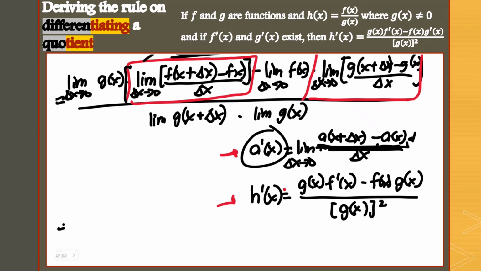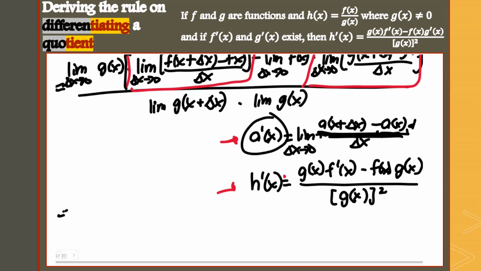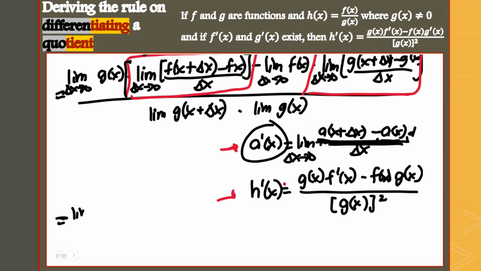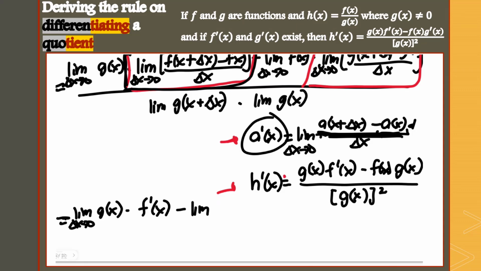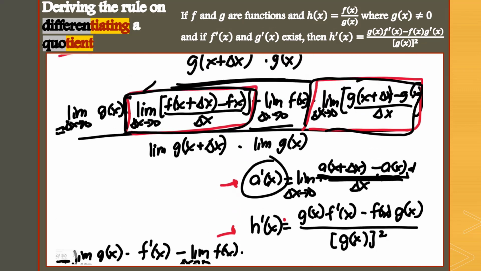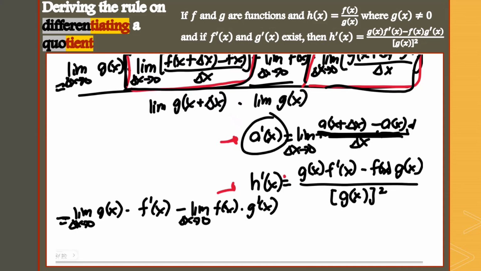Now, we will have this next form and we are now closer to our result. Sorry for a very long proof because this is really a long proof. You have the limit of g of x as delta x approaches 0 times, now this is just f prime of x. Okay, f prime of x. Then minus the limit of f of x as delta x approaches 0 times this is just the derivative of g.